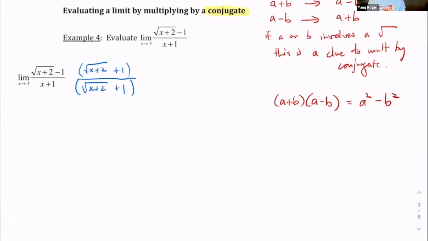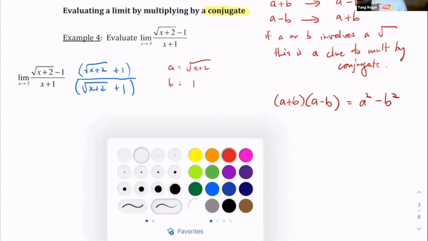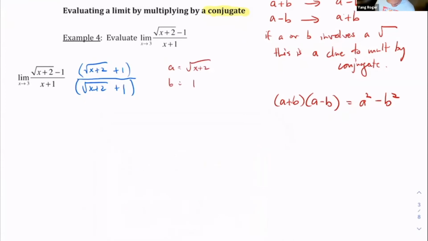So we're going to do that. Just to be perfectly clear, our A in this case is going to be the square root of x plus 2, and our B in this case is going to be 1. So when I multiply this out, I get the limit as x approaches 3.